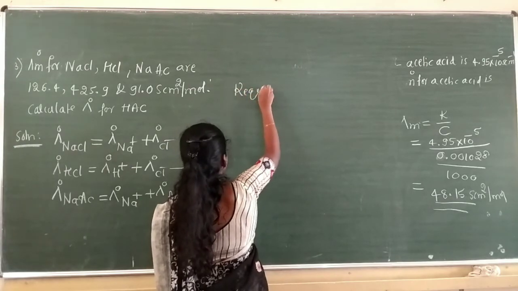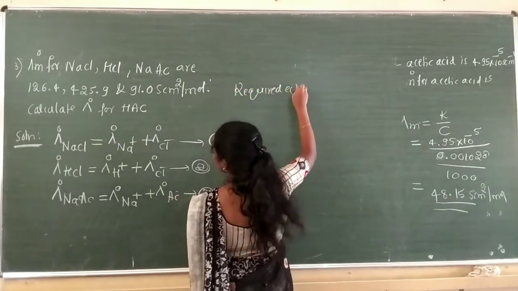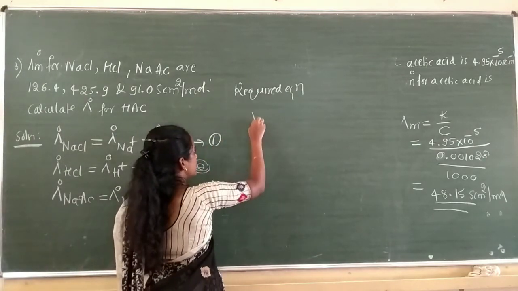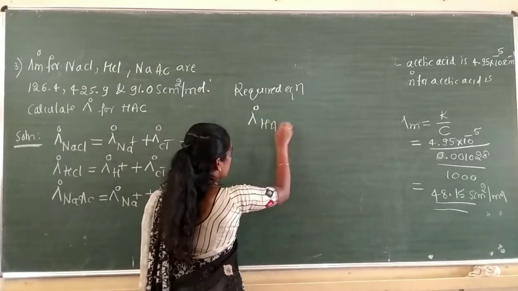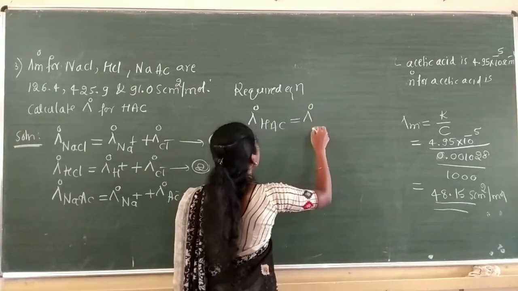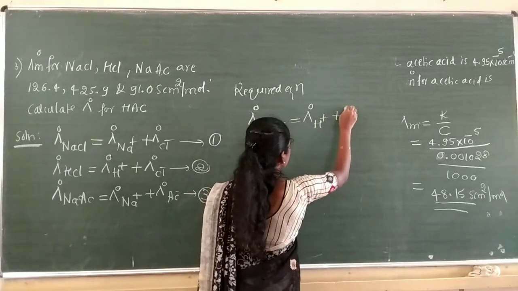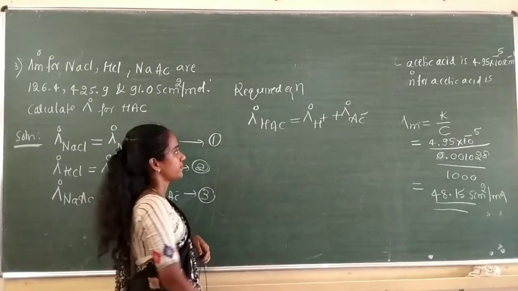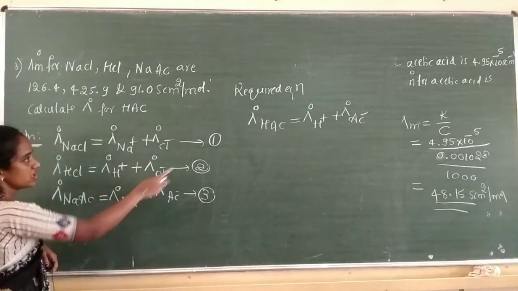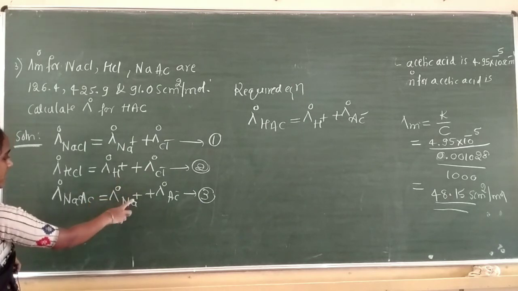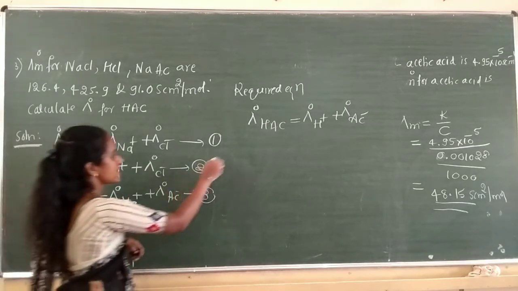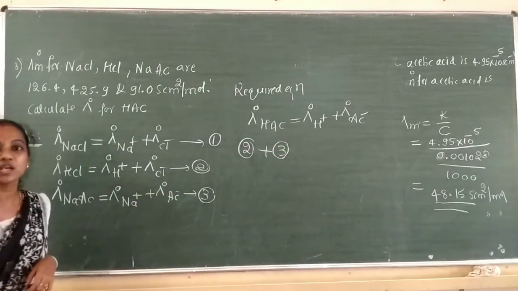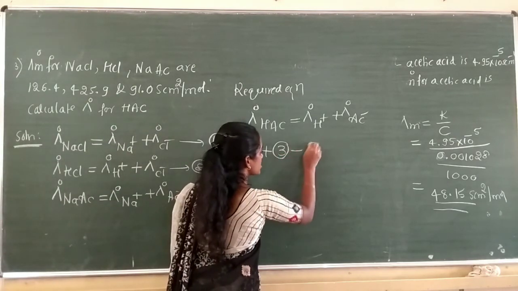Now the required equation here is for acetic acid HAc. Calculate the limiting molar conductivity of acetic acid HAc, that means H plus plus the limiting molar conductivity of acetate. Using the equations, we have lambda H plus in the second equation and acetate ion in the third equation. So let us add equations 2 and 3, and then subtract equation 1.